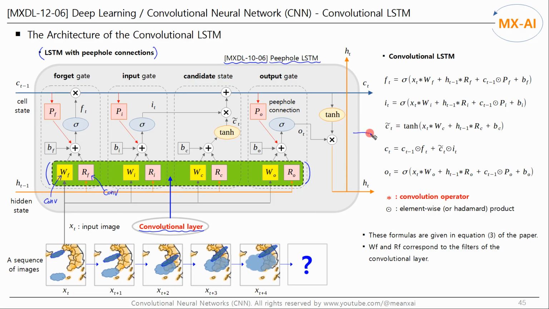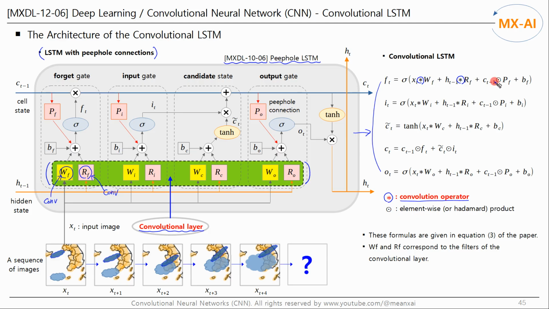This can be represented by mathematical expressions as follows. The convolution operations are performed between the input image xt and Wf and between the hidden states ht-1 and Rf. This symbol represents the convolution operation. Wf and Rf correspond to the filters of the convolutional layer.